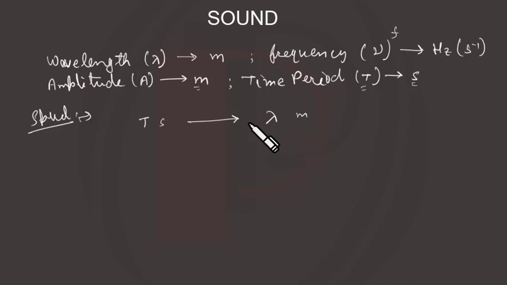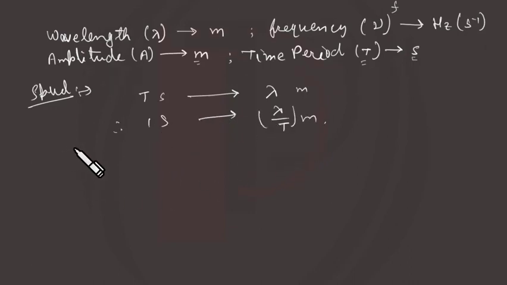Therefore, in 1 second the wave would go lambda by t meter, and that's the definition of velocity. Velocity is defined as the distance or displacement traveled by the wave in 1 second. So this is the velocity of the wave.